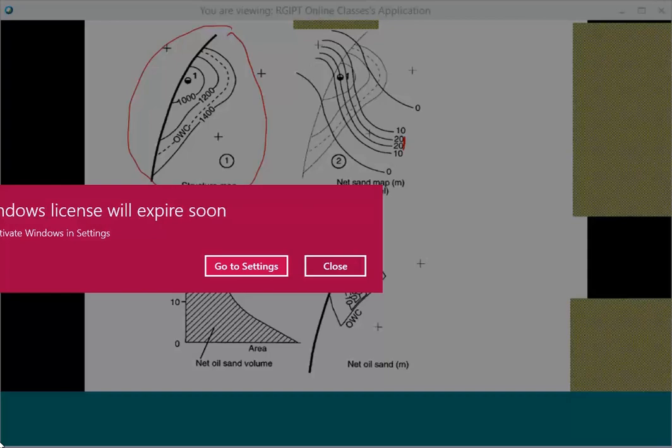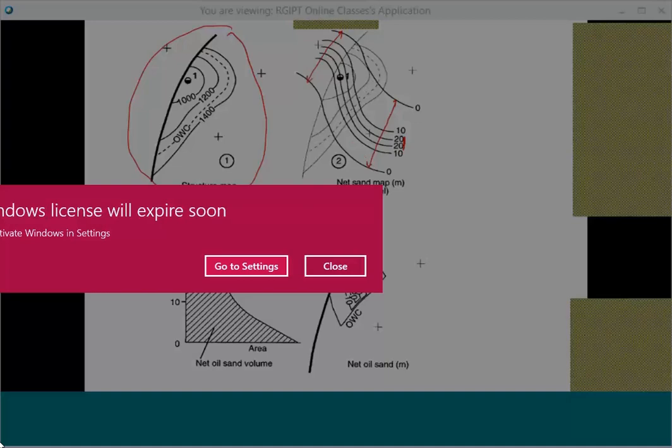So this entire thing is a channel, channel filled sand. The first one is your structure contour, and the second one is showing only the channel which is filled with sand.